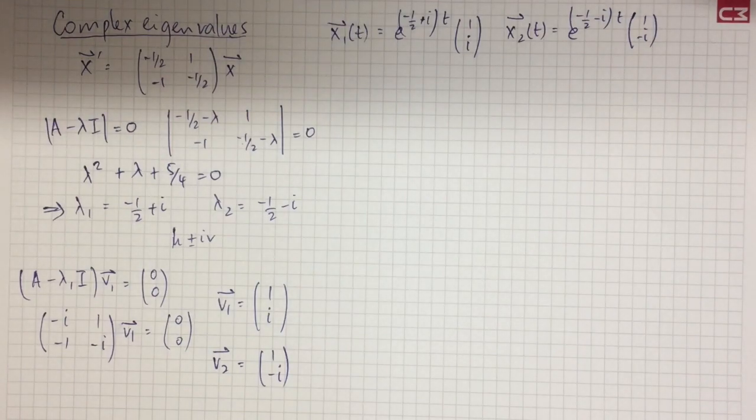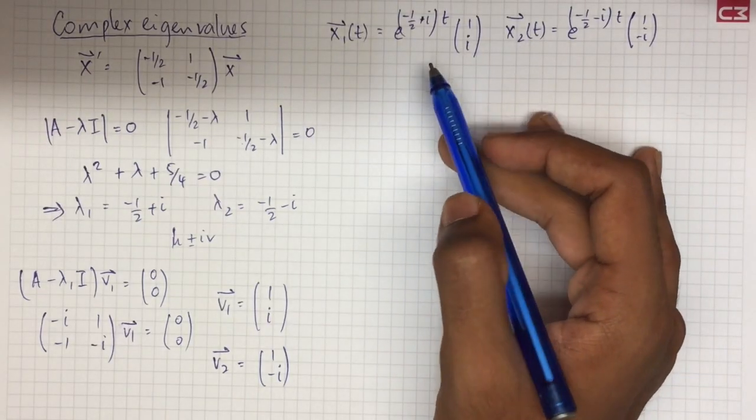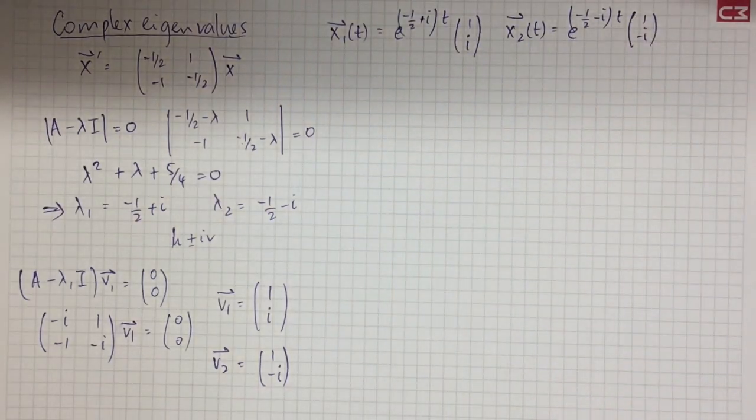Once I have this, I can do a linear combination and get my answer. But in the previous step, we have seen that complex numbers always come in pairs, right? You can see the similarity between these two functions.